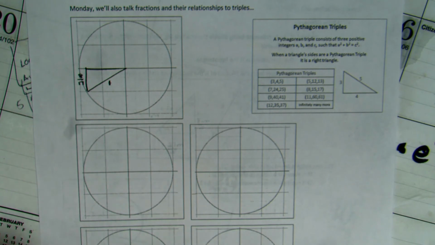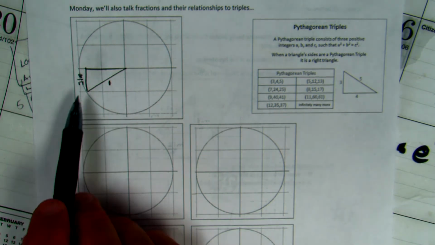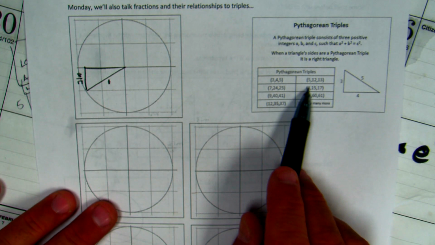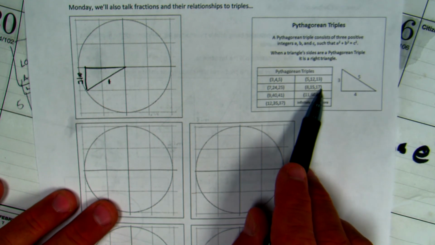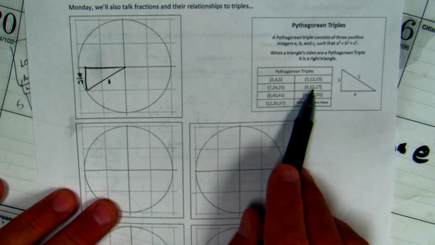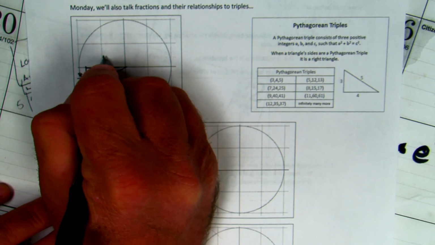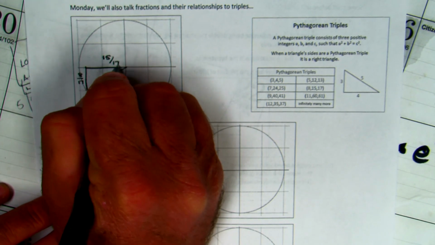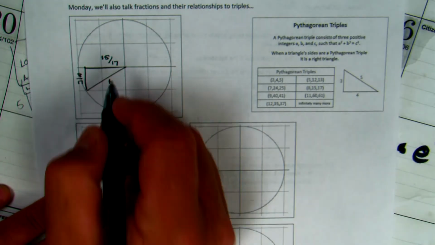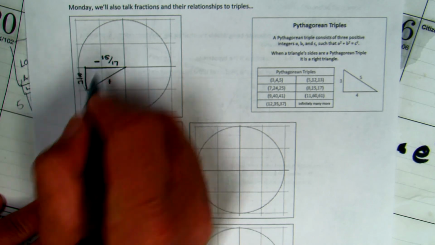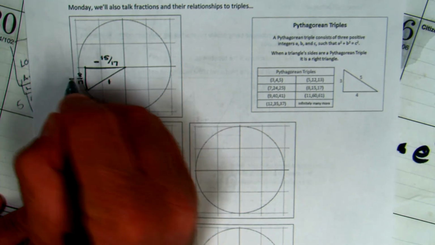What you're going to want to start recognizing is that 8 and 17 are part of the Pythagorean triples. What one's missing? 15. That one's always going to be 15 over 17. Now again, over there the x-coordinate is negative, so that's negative. The y-coordinate's negative, so that's negative.